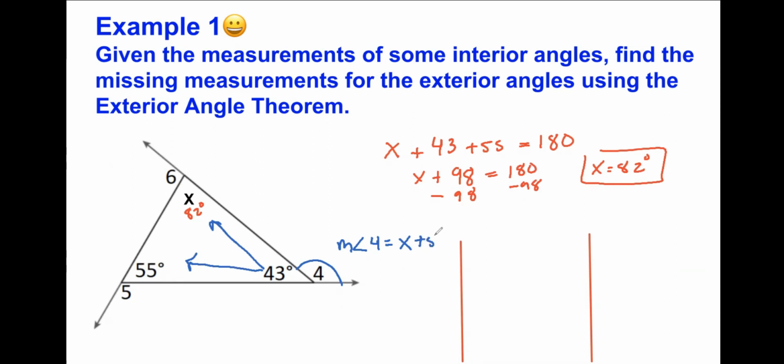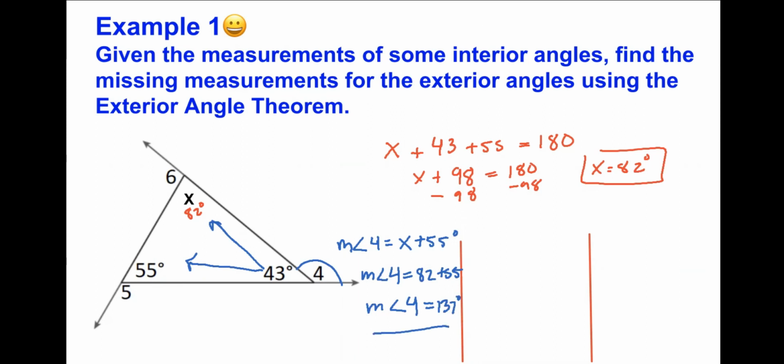It's fast because we already know the measurement of angle X. Let's substitute that. Measurement of angle 4 equals 82 plus 55, which should give us 137 degrees. All right, so we have our first angle.